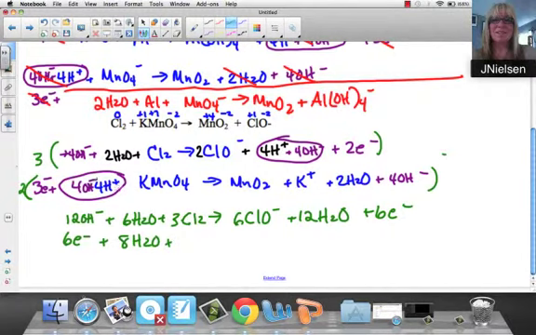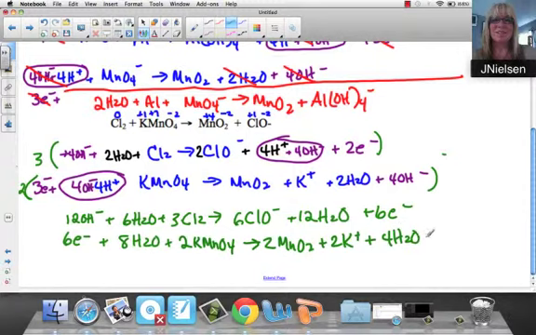Alright, so backtrack. 4 waters times 2 is 8, and this is going to be 2 KMnO4 going to 2 MnO2 plus 2K plus 2 times 2 is 4 waters plus 2 times 4 is 8 OH minus.